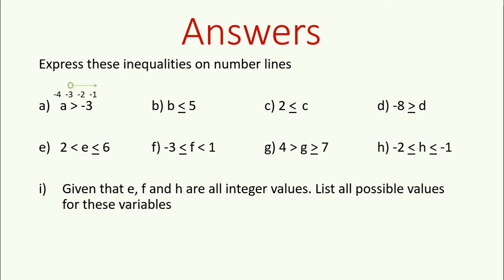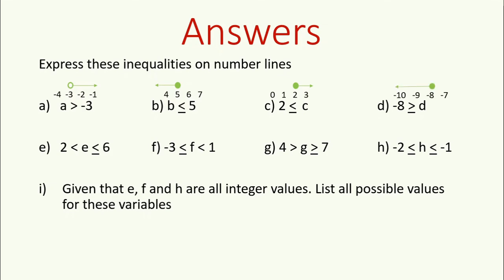For A, I've shown that A is greater than, but not equal to -3, so it's not colored in. B is less than or equal to 5, so I've colored it in and drawn an arrow down. C is greater than or equal to 2, so it's colored in on 2 and up.